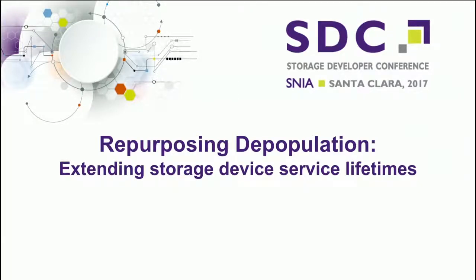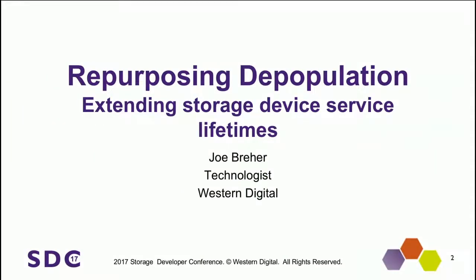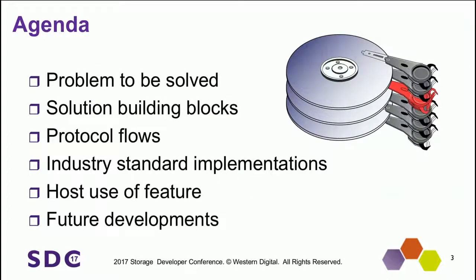And I'm here to talk to you today about a new feature in both SCSI and ATA known as repurposing depopulation. What this feature is about, in essence, is that we all realize all systems fail at some point in time, right?